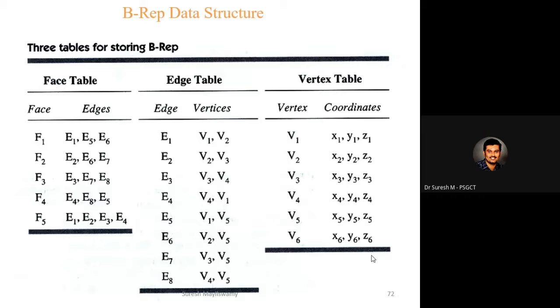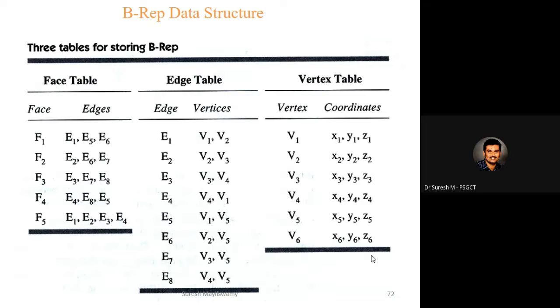So face table F1 is based on edge 1, edge 5 and edge 6. And face 2 is based on edge 2, edge 6 and edge 7. In the same way, edges are framed based on the vertices. So edge 1 is formed based on vertex 1 and vertex 2.